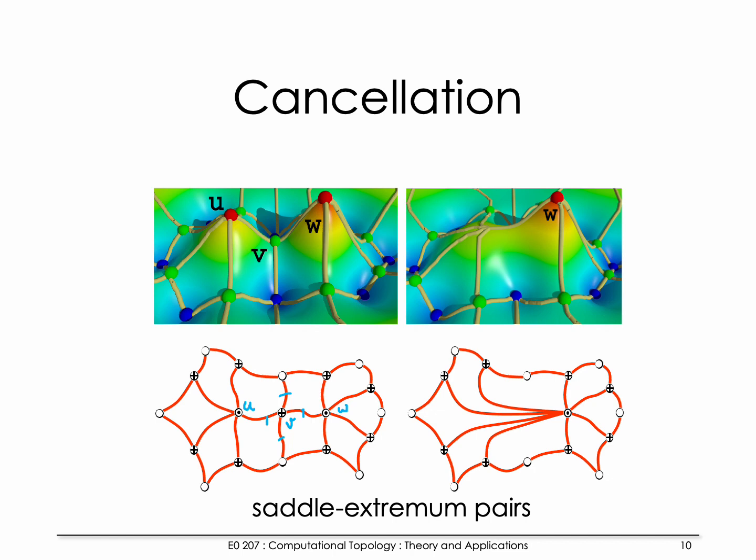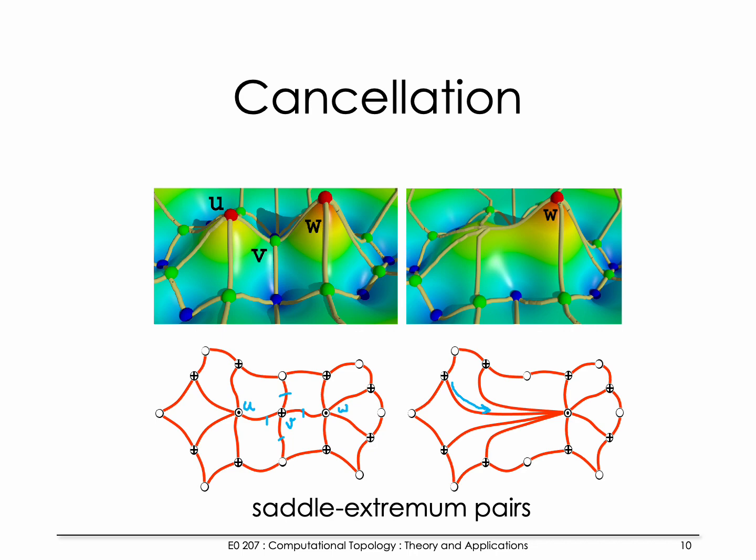Removing the two critical points U and V, and rerouting all the arcs that reach the maximum U into the maximum W. So if you look at one of these arcs that was originally going to U, it is now rerouted to go to W, right?